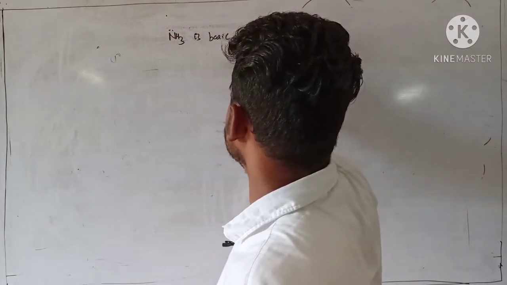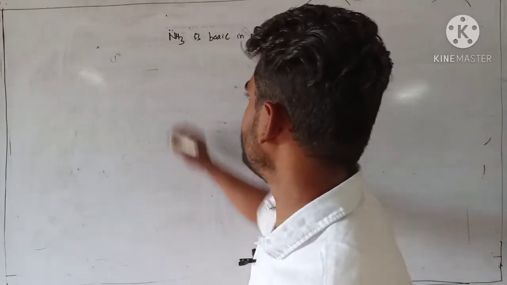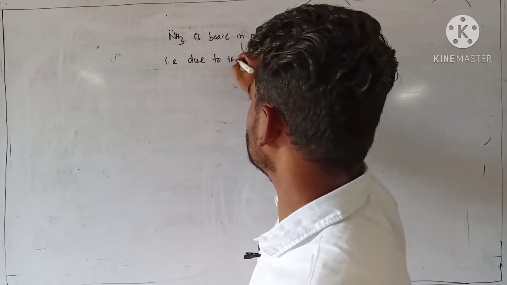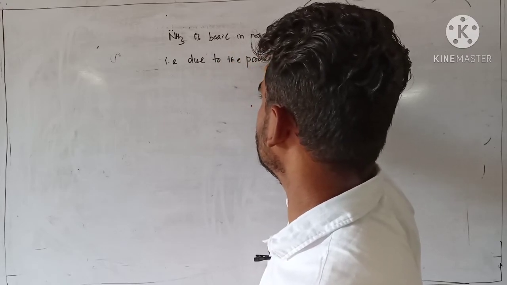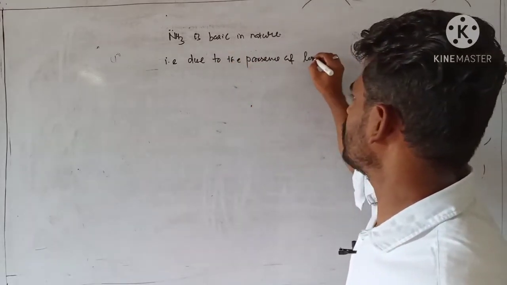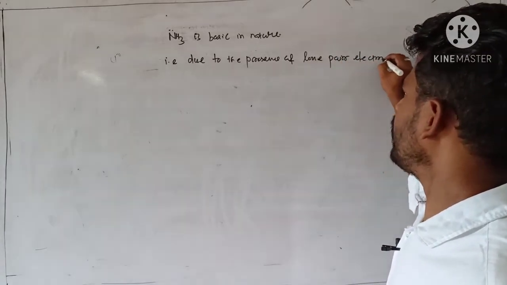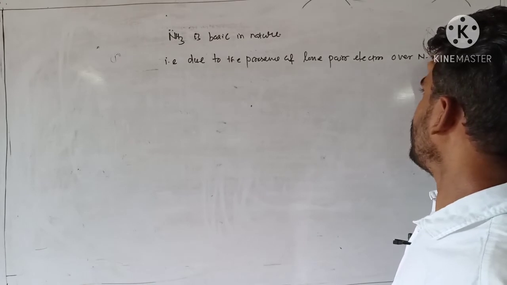Basic nature: NH3 is basic in nature, that is due to the presence of a lone pair electron over the nitrogen atom.